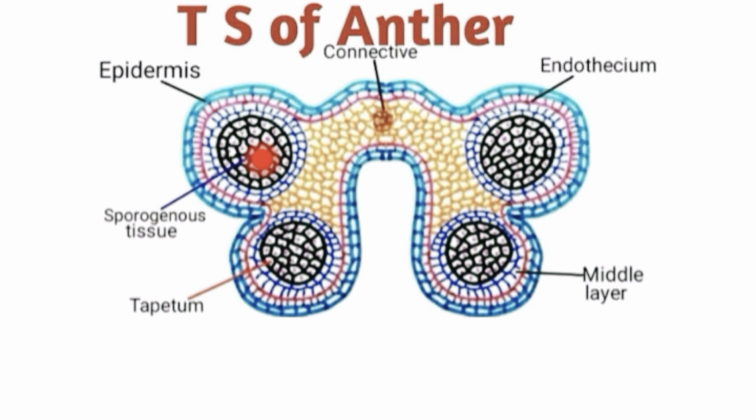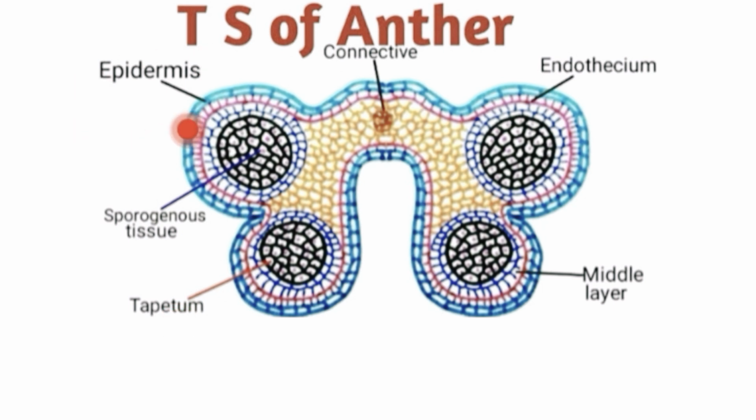Then the four wall layers, as I named them just now, epidermis, endothecium, middle layer and tapetum, are arising from the other type of cell, the outer cell arising from the archesporial cell, the primary parietal cell. So this primary parietal cell is going to give rise to all four types of cell layers.